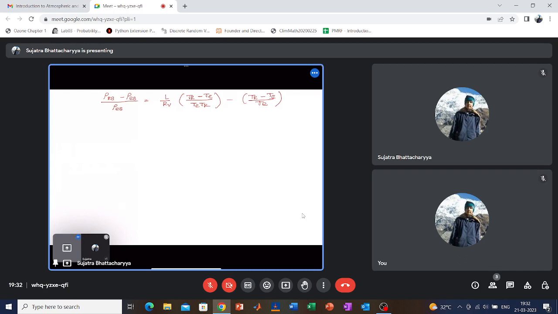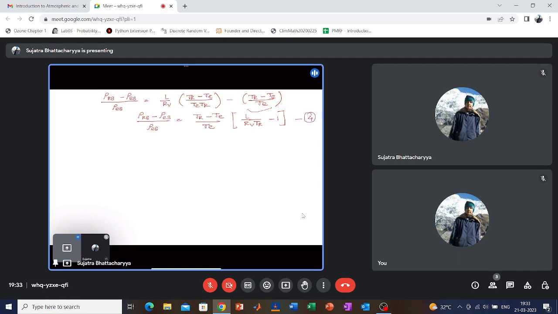Fine. Now the left hand side, let it be like that, (rho_rs minus rho_es) divided by rho_es will be equal to (Tr minus Te) by Te. I am taking out this particular term, so what I will get is L by Rv, and (Tr minus Te) by Te is gone, so it will be Tr minus 1. This is the expression which we are getting, let this be 4.